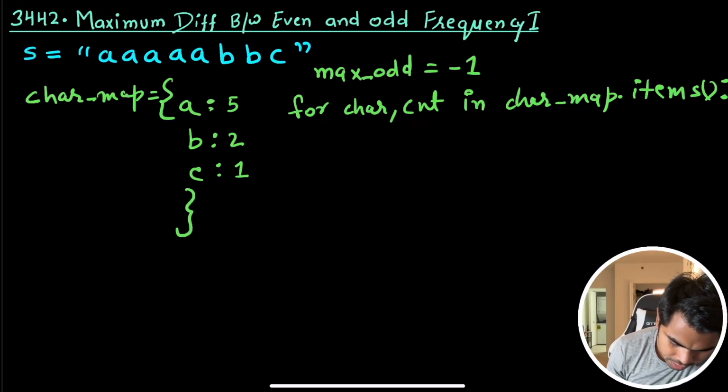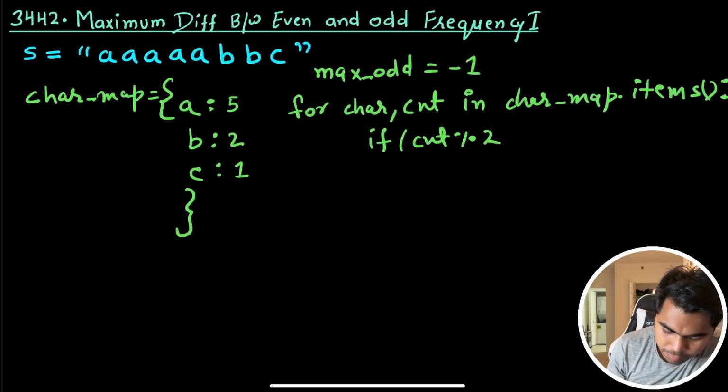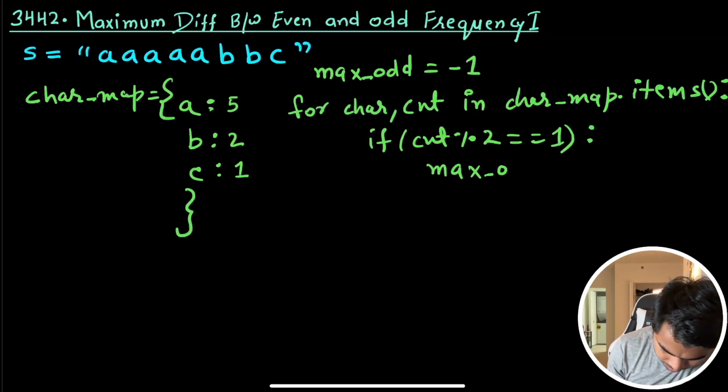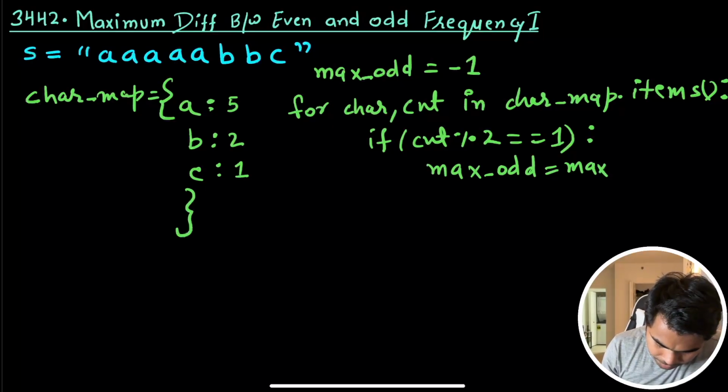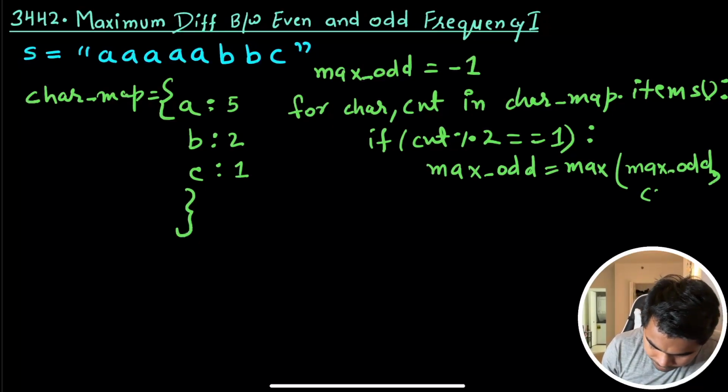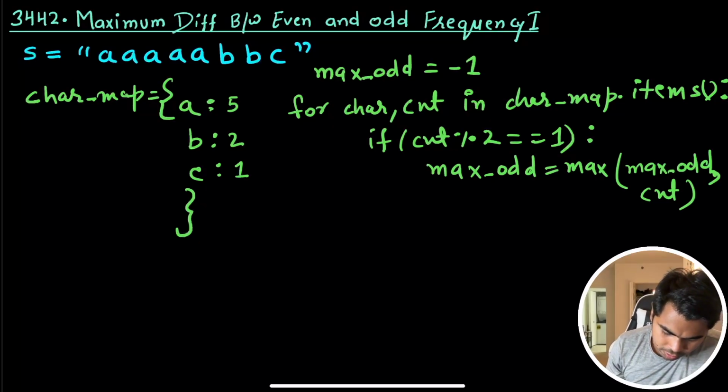First I'll check if this count is odd. If it is odd, then its mod 2 will give me 1, right? Then max odd will be the maximum of max odd or this count.